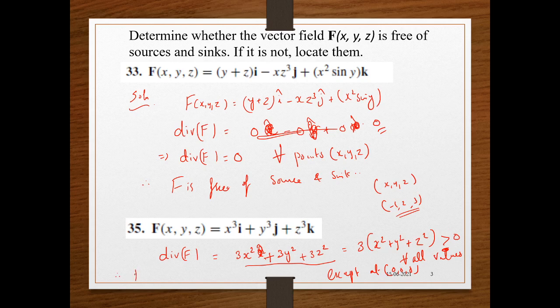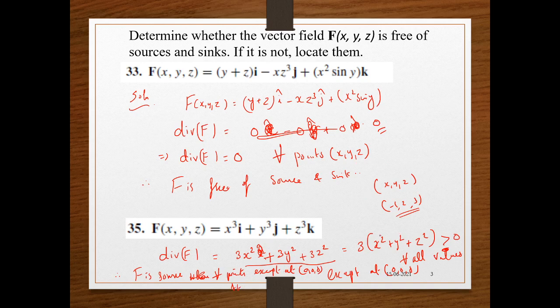Therefore, f is a source for all points except at 0, 0, 0. And at 0, 0, 0 it is free of source and sink.